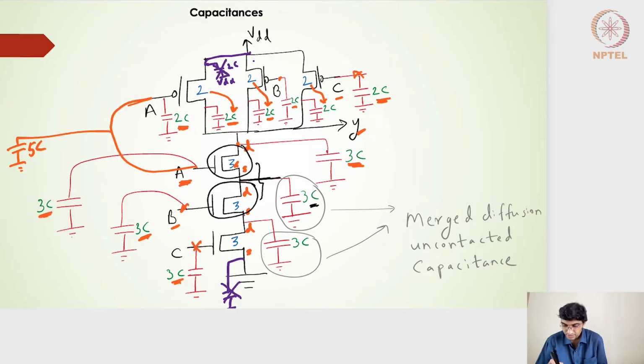Similarly, on the other node, transistor B source-to-body and transistor C drain-to-body, I was expecting around 6C capacitance, but I have written it as 3C.